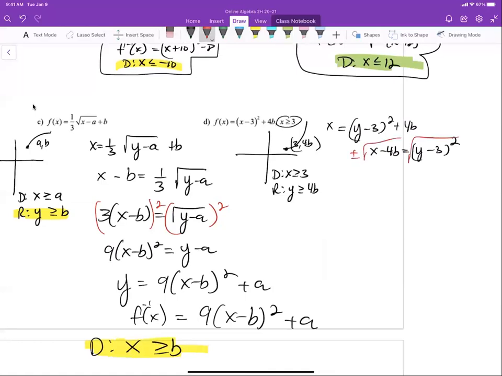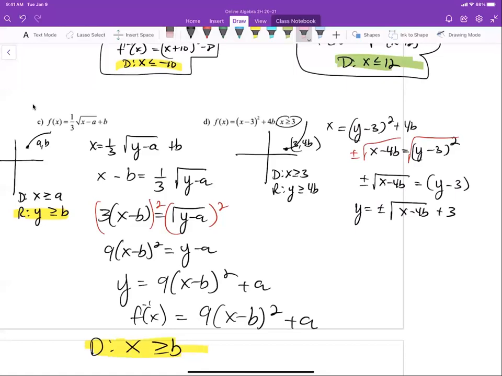There'll be a plus or minus. I will find plus or minus the square root of x minus 4b, I'm sorry, getting tired, is equal to y minus 3. Going to add 3 to both sides, and we have x minus 4b plus 3.